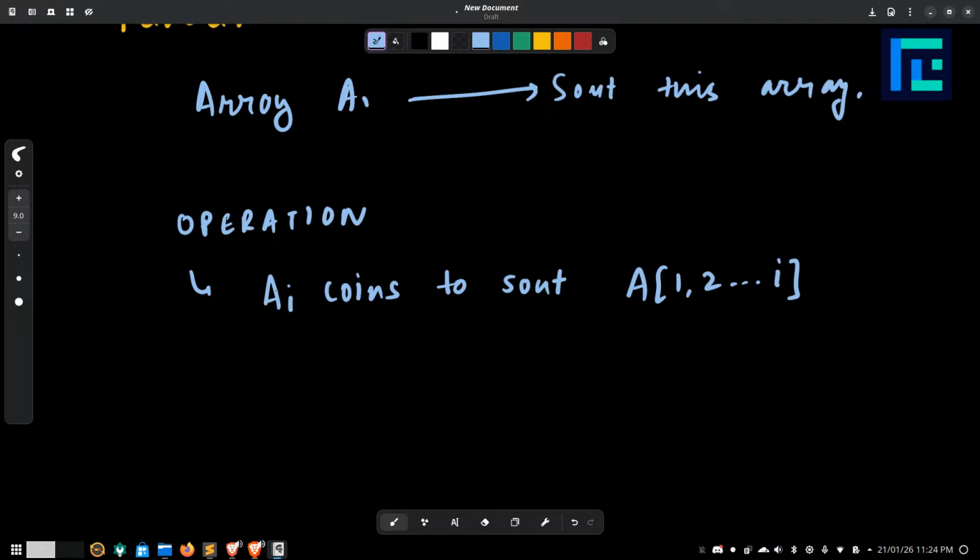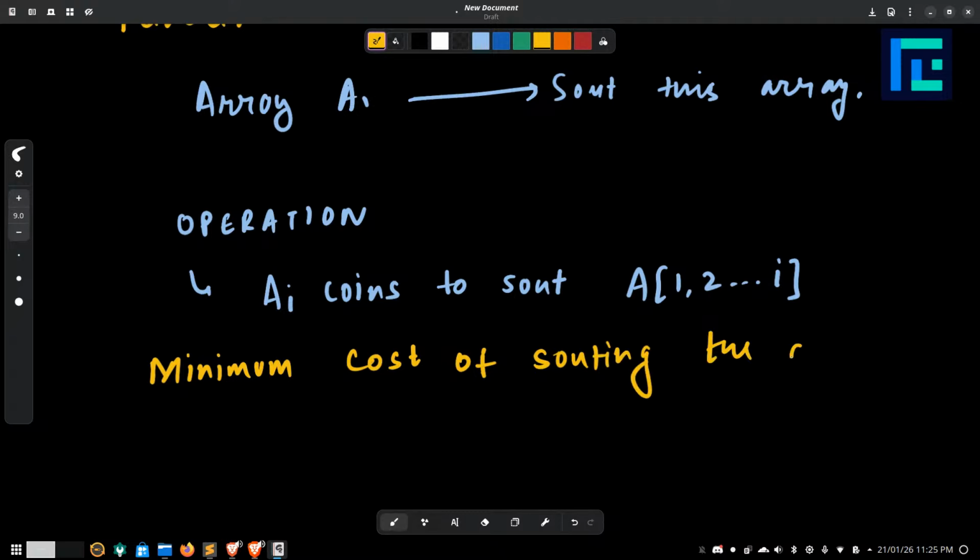So basically we can use this operation multiple number of times, and we need to tell the minimum cost of sorting the array. So that would be our problem.